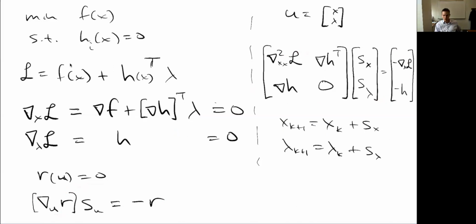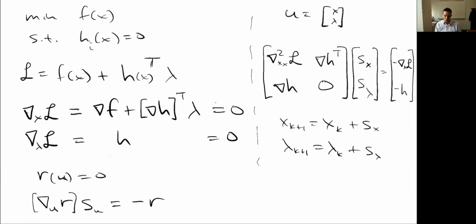And then I do it again. So I calculate these steps from solving this system of equations. This is now just a linear system of equations. I solve it, I get a new iteration. So now I have to go back and compute my gradients and my Hessians, populate these matrices again, this vector, solve, and I just keep iterating until I satisfy my convergence criteria and I've solved these KKT conditions.